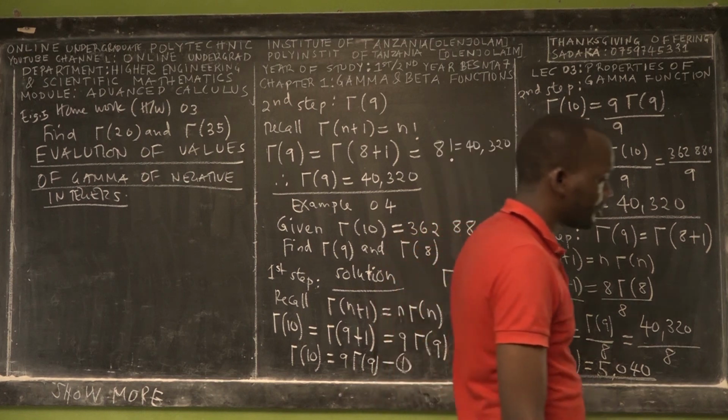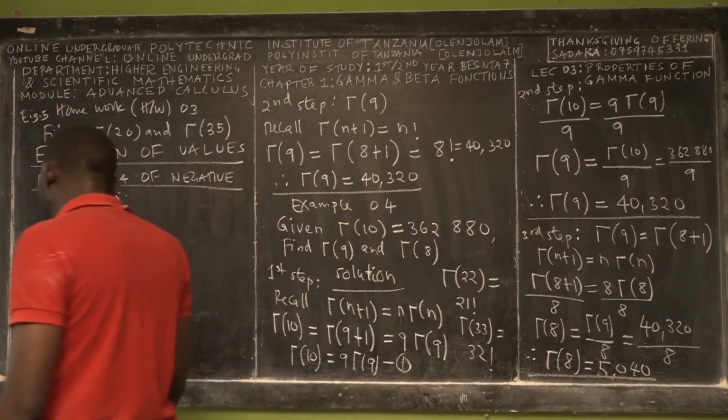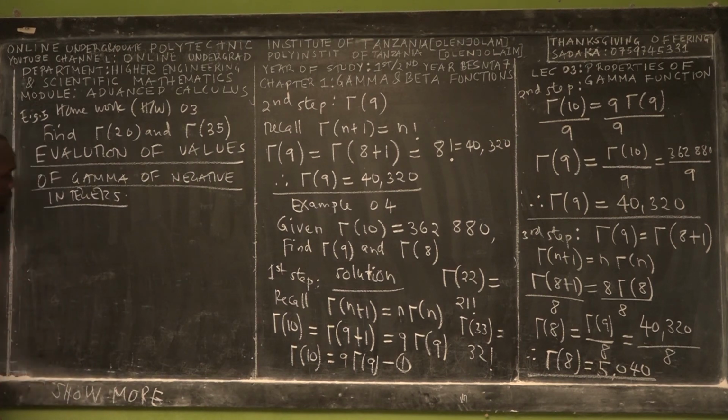So you have to focus on how we can deal with gamma of negative integers and what the limitations of these gamma properties are. You have to understand this.